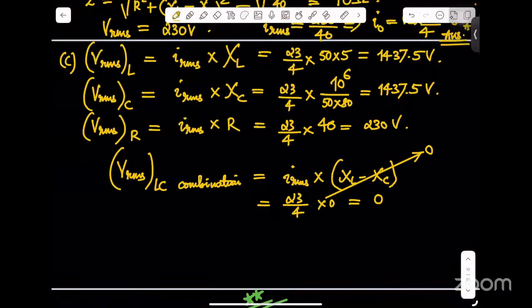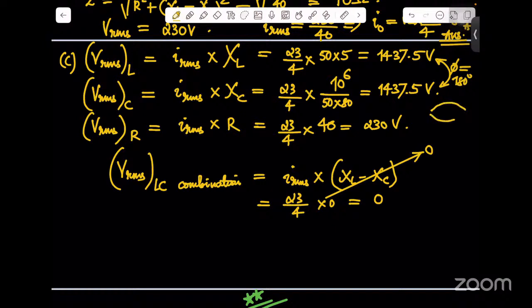Also you can see that these values are equal in magnitude, but the phase difference between them is actually 180 degrees. So if one is like this, the other would be like this.